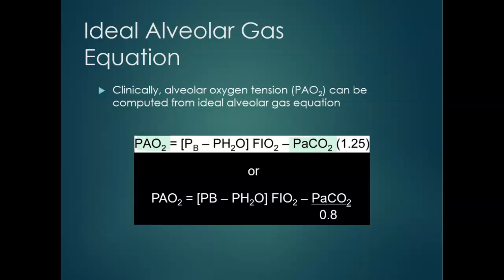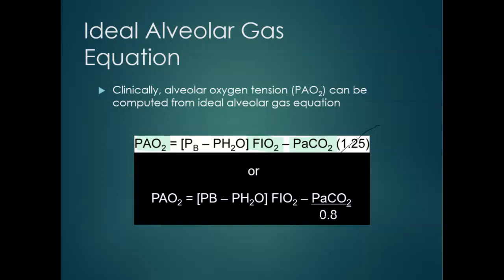You need to do this calculation for me. Remember that if your FiO2 is greater than 60, you get rid of this coefficient over here or here. This calculation is written two different ways. Just pick a way to do this and remember just the one way. You don't have to remember both ways.